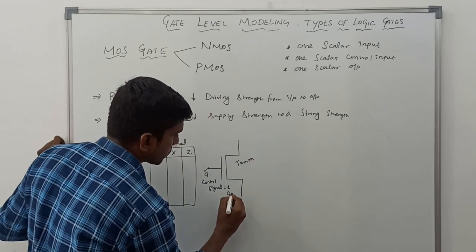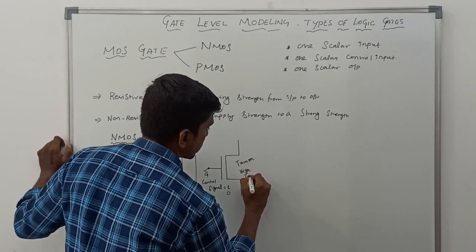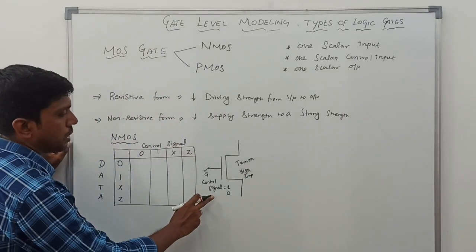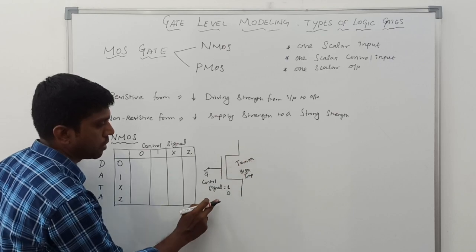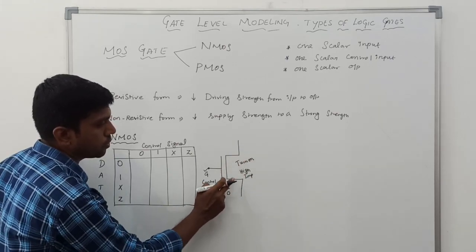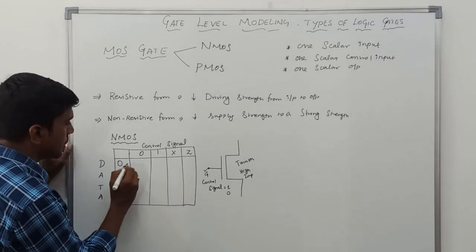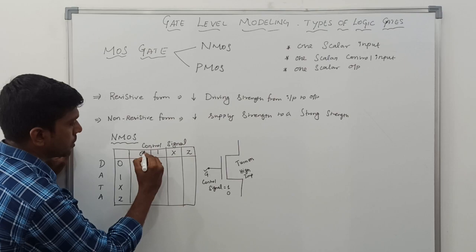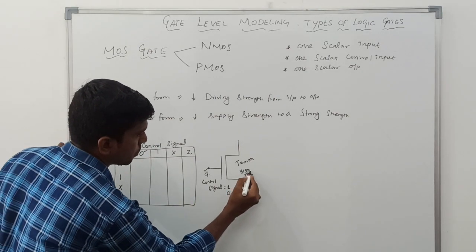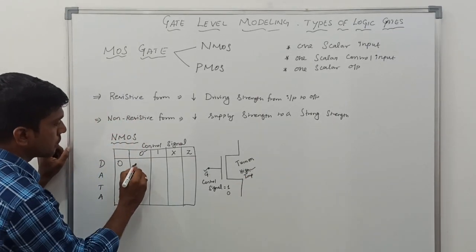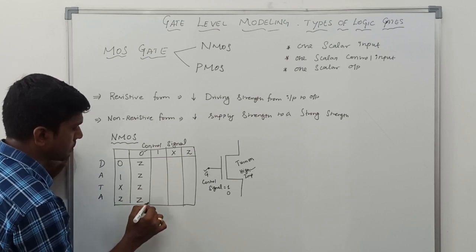Suppose the control signal value is 0, the NMOS goes to high impedance state. So let me take the control signal 0. The NMOS goes to high impedance state, so all the outputs are Z.